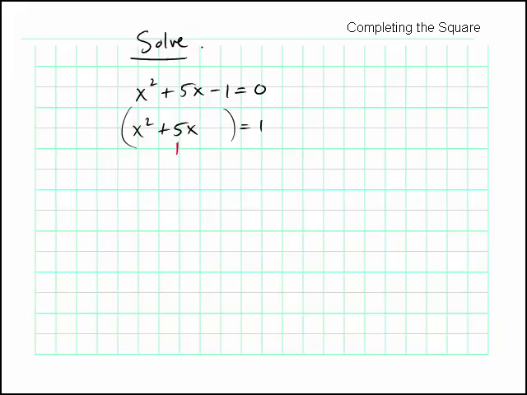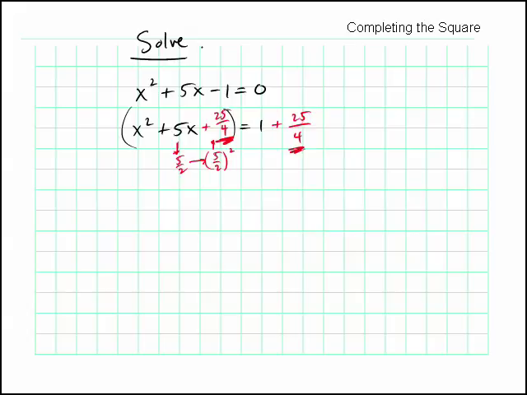Okay, now I take half of 5 halves, and then I square it, which gives me the fraction 25 over 4. Sometimes you have to add fractions to both sides of the equation. So I'm going to add that also to the right side, 25 over 4.